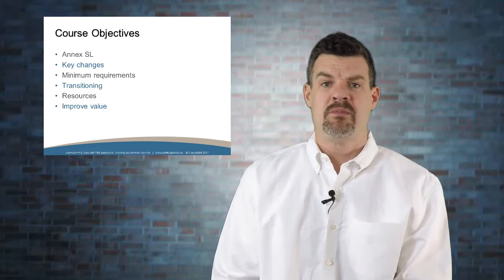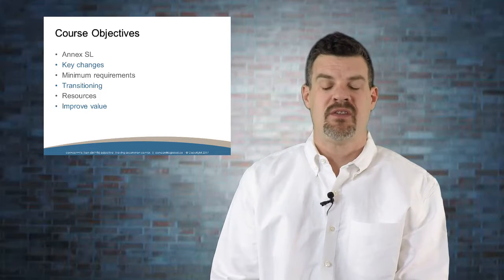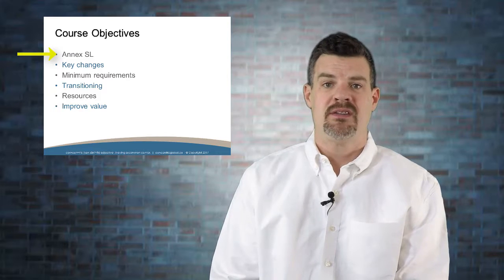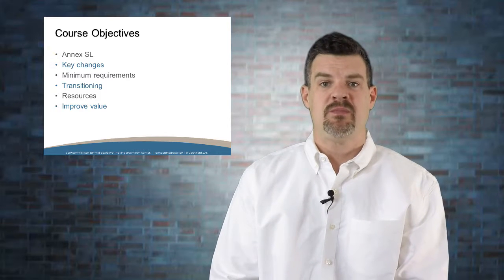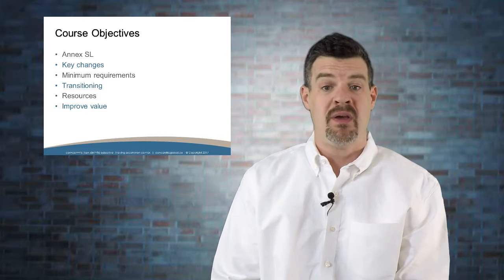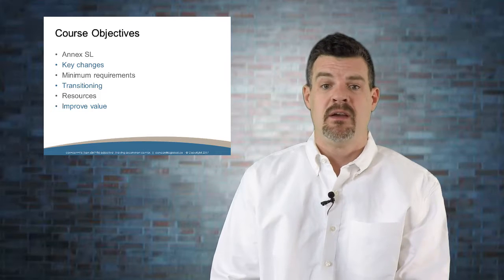So what are the course objectives? First of all, we'll study the revised structure of the document called Annex SL. Annex SL is the document that's responsible for the new 10-clause structure of the quality management as well as other management system standards.